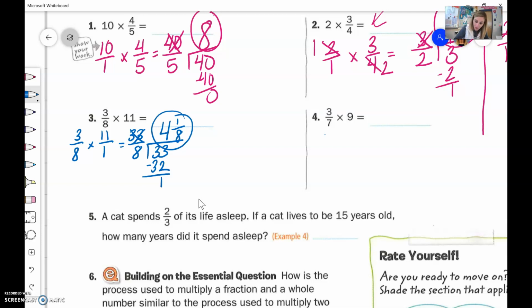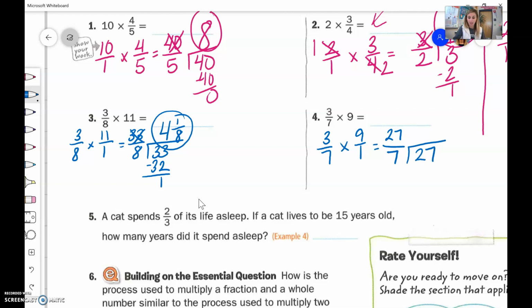All right, the next one, 3/7 times 9 over 1. I cannot cross-simplify. 7 and 9 do not have a common factor except for 1, so it's not going to do us any good. So now we're going to do 3 times 9, which is 27, and 7 times 1 is 7. I have an improper fraction, so I have to divide.